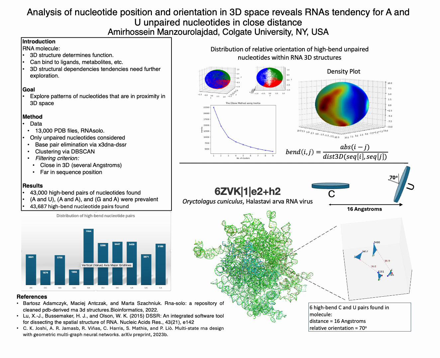the bar plot here. And also I looked at the relative orientation between the high-bent nucleotide pairs. First of all, the orientation of a nucleotide is defined by its three atoms, namely C4', P, and N1 or N9, depending on the nucleotide.